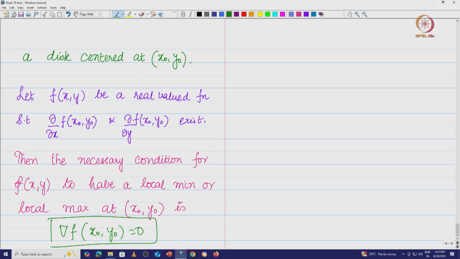There is no surprise in this, because that is exactly how we define it when we want to talk about maxima or minima. In the single variable case we want the first derivative to be equal to 0, which is basically what we call the critical point, right.